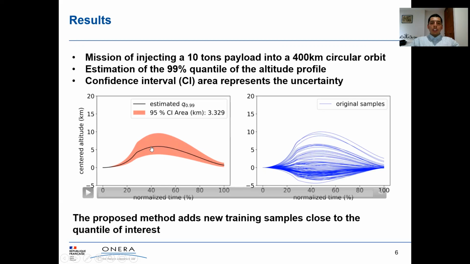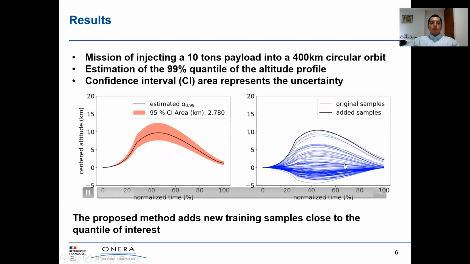And to the left, you can see the estimated quantile over the outputs of the surrogate model. And in red, I show the confidence interval area representing the uncertainty on the estimated quantile. And the strategy looks to reduce this red area here.